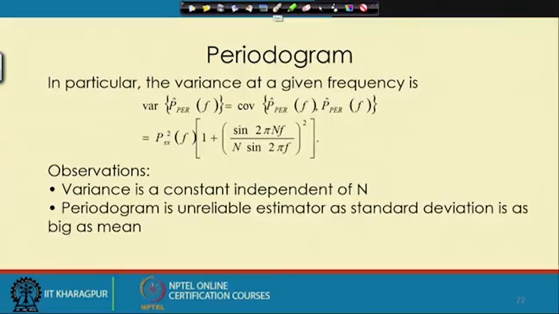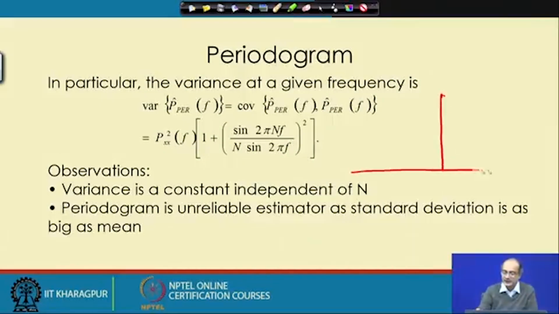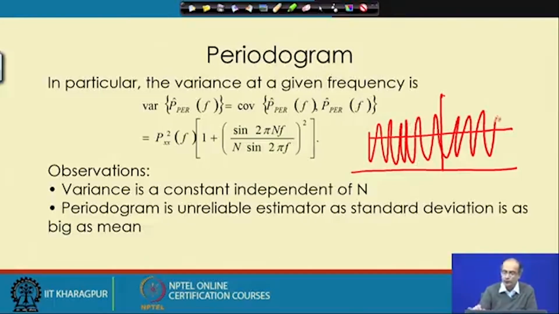Look at the plot. What you expect for a white noise in the frequency domain is that it should give us all the frequencies at equal magnitude, but you will find the plot looks like this.